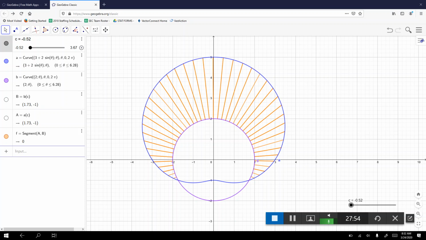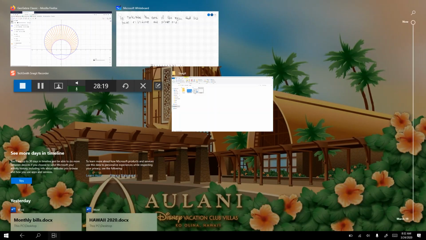Trying to identify this domain and how we want to work with it, we first need to identify what the bounds are that we're going to be integrating. In other words, what theta values are we sweeping through? That's the first thing we need to do. All right, so keeping this in mind, I'll come back to it.